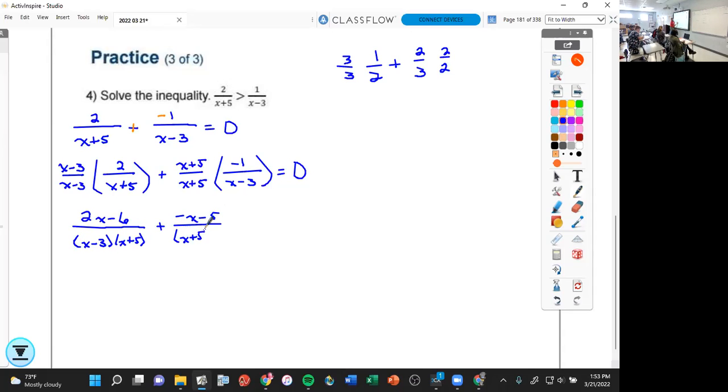Okay. Now, denominators are the same, correct? So I can combine the top. Combine the top, what do you get? Over x minus 3 times x plus 5.